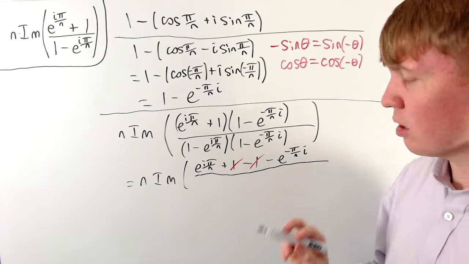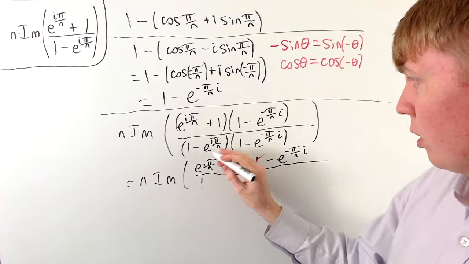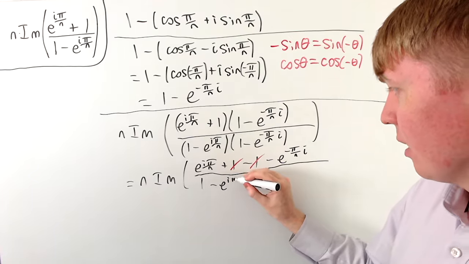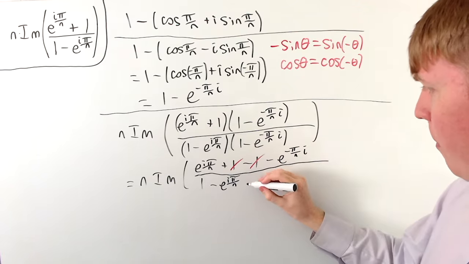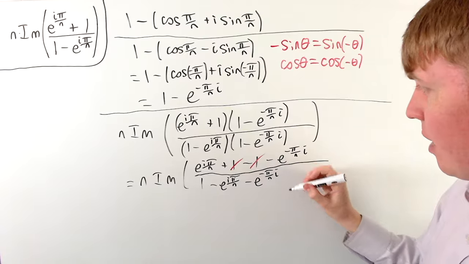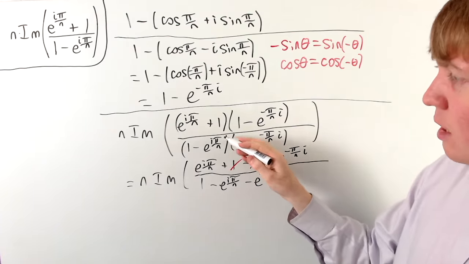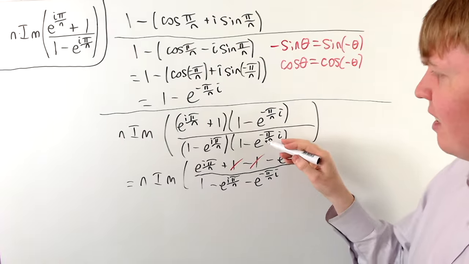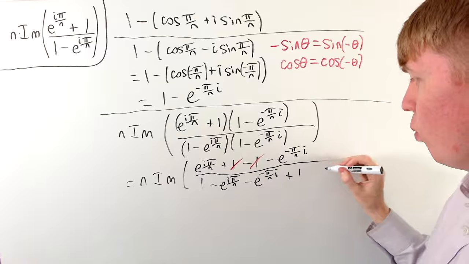And then if we expand the brackets in the denominator now, we'll get first of all 1 minus e to the i pi over n, then we'll have another minus e to the negative pi over n times i. Then finally when we multiply these two together we get two negatives, e to the i pi over n times e to the negative i pi over n just gives us a 1, so we get a plus 1 here.